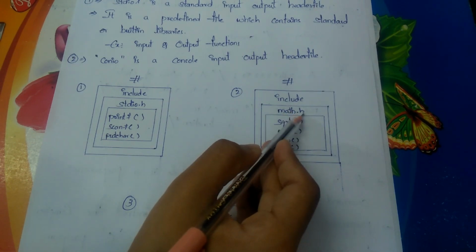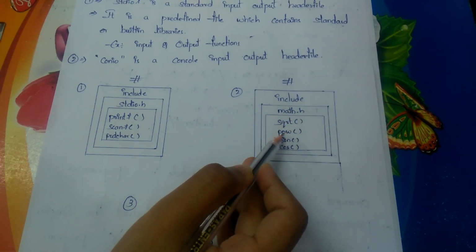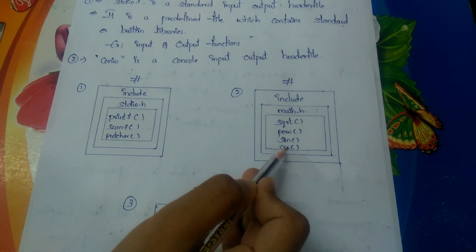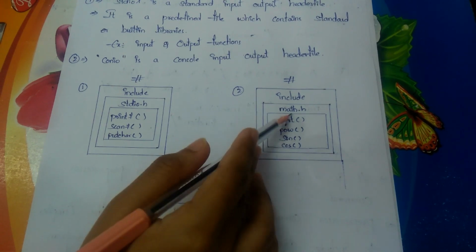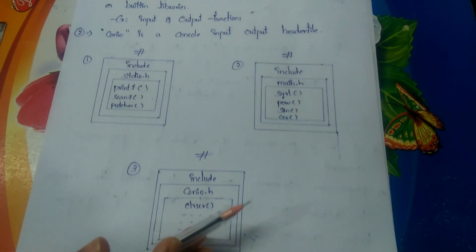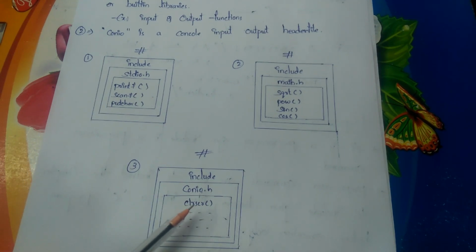In this math.h we have the square root function, pow, nothing but the power, and sin, cos, tan, etc. These are all defined in math.h. And third, finally we have conio.h. In this also we have some built-in libraries like clrscr.